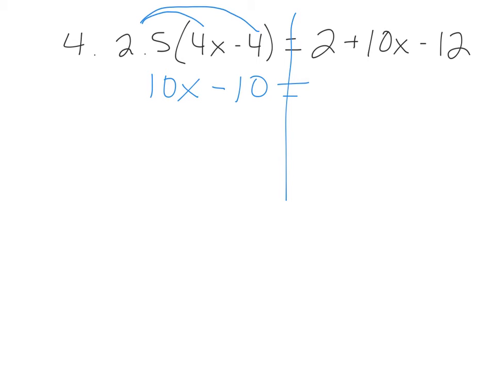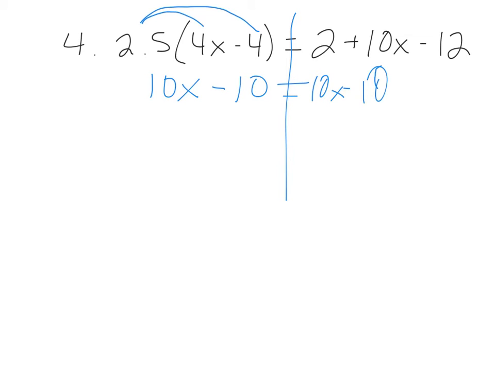If you notice on the right, we have a 2 and a -12. 2 and a -12, that gives us a -10. Don't forget your 10x. If you want to put that in front, that would be great. And now, if you notice something, our left and right sides are the same.